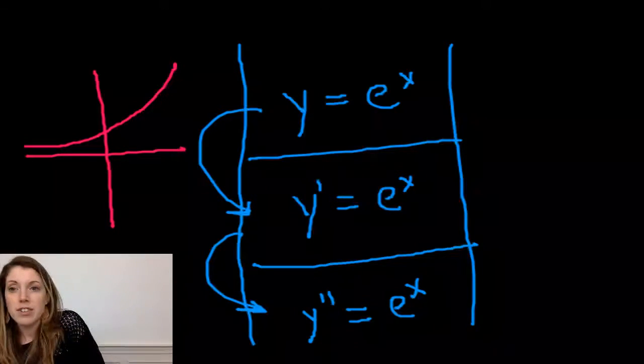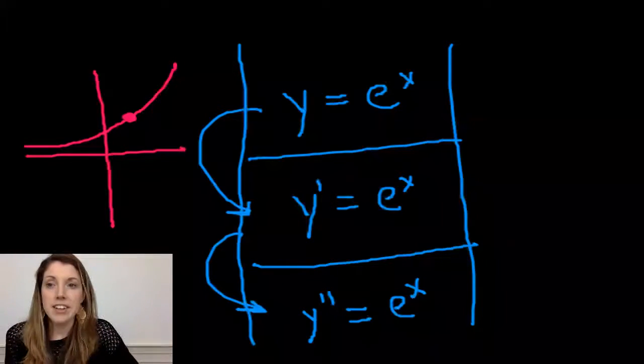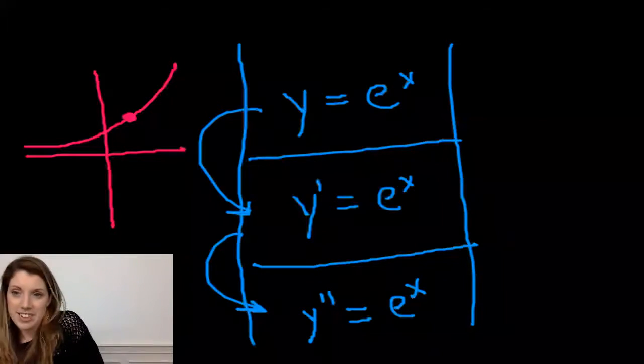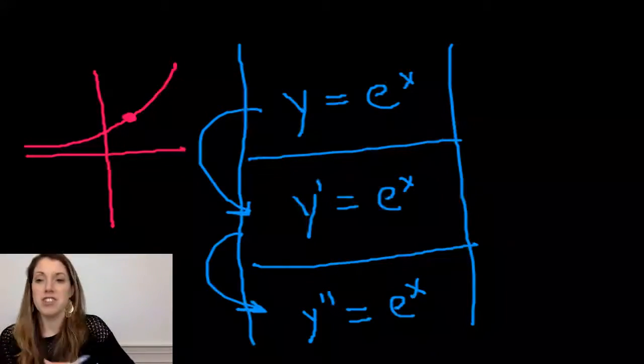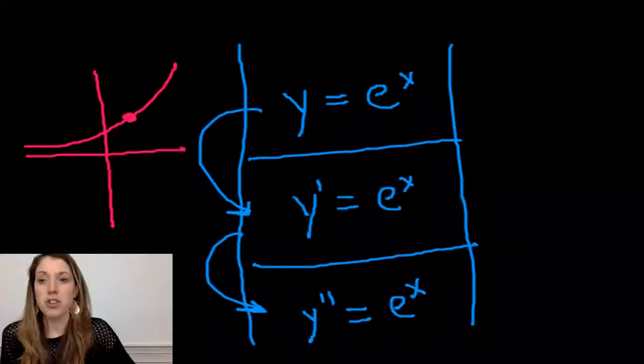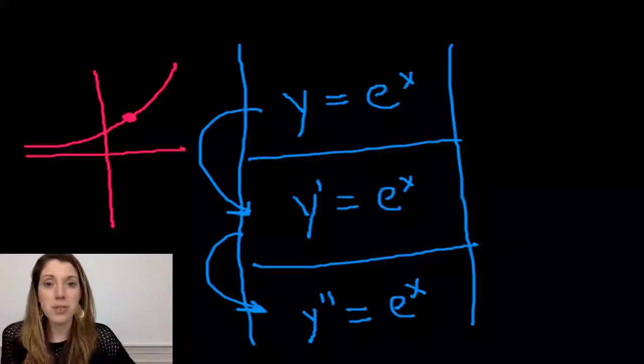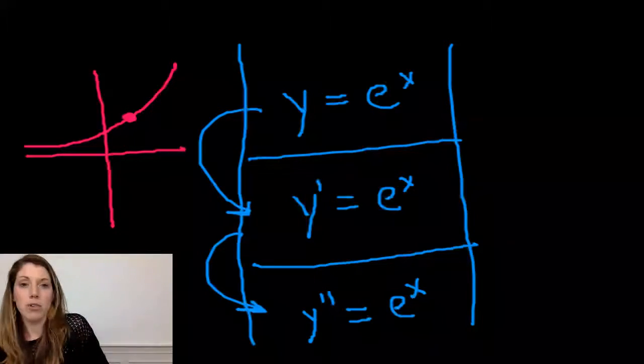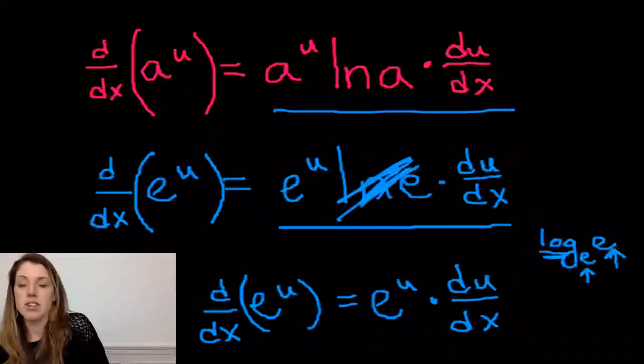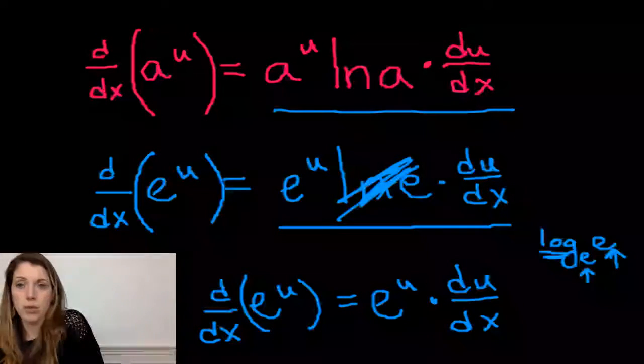So if your position was 1, your slope would be 1. If your position was 2, your slope would be 2. If your position in the y direction is 10, your slope would be 10, and so on and so forth. So that's a cool thing about e to the x, and that all comes from this formula here.